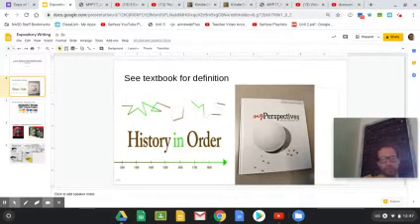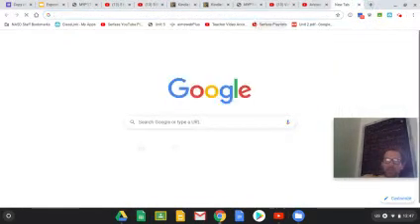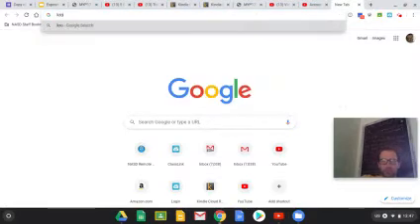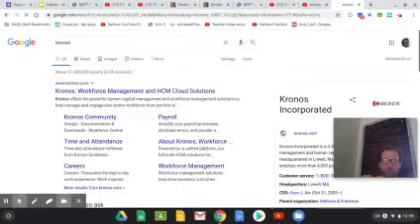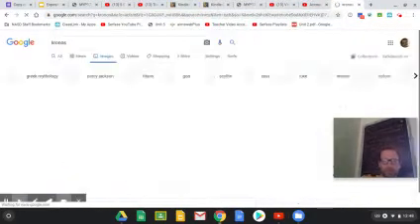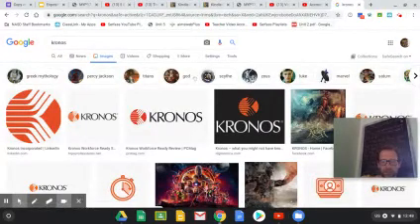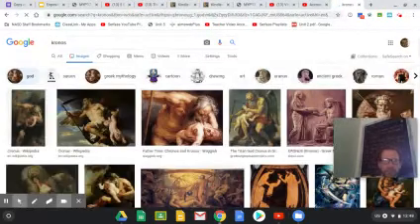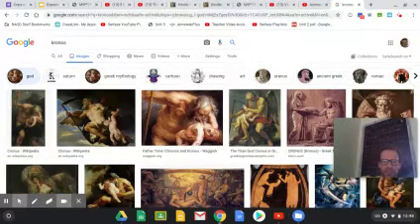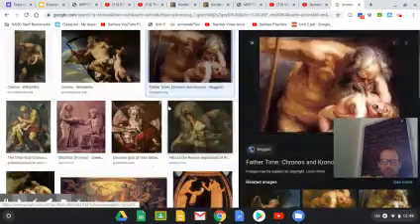So, if you take a look at that little picture on the left, history and order, that's a way. Chronos means time. Chronos is a Greek god as well. See what kind of pictures we get for Chronos. The god there was not a nice one. He ate his own children.